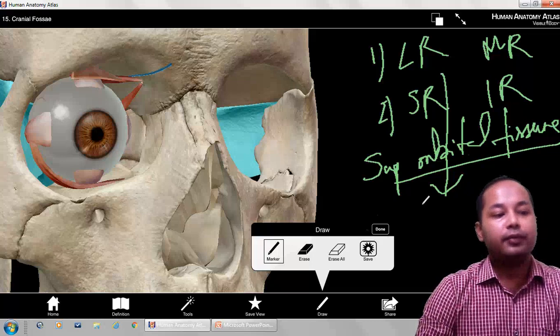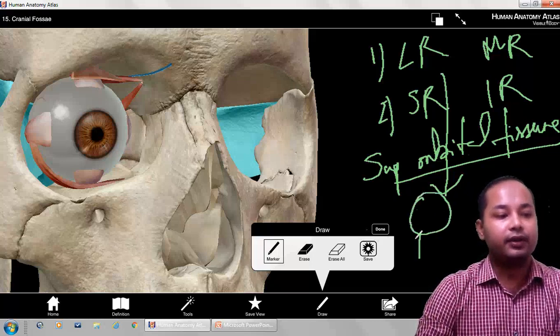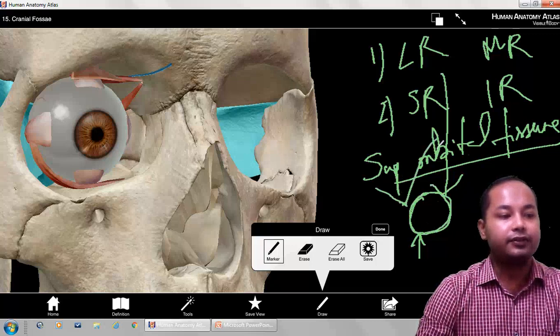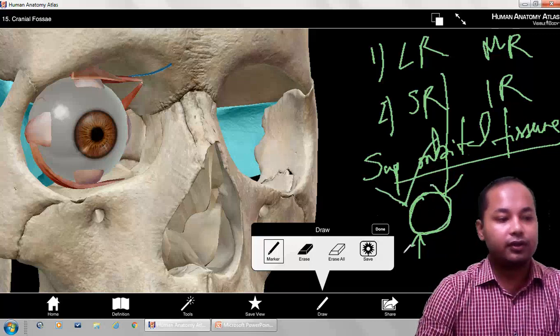This common tendon is called the common tendinous ring. They form a circle, occupying the space of the superior orbital fissure. So they make up a circle that is called the common tendinous ring.